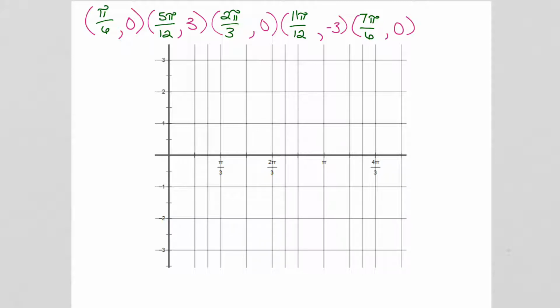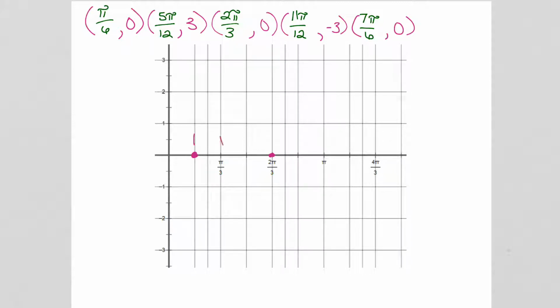Okay, so we start with pi over 6, 0. There it is. Then we've got pi over 12, 3. Oh, that's a little bit hard to find. Let's skip to the next one. 2 pi over 3, 0 is right here. Then if we skip again, 7 pi over 6.